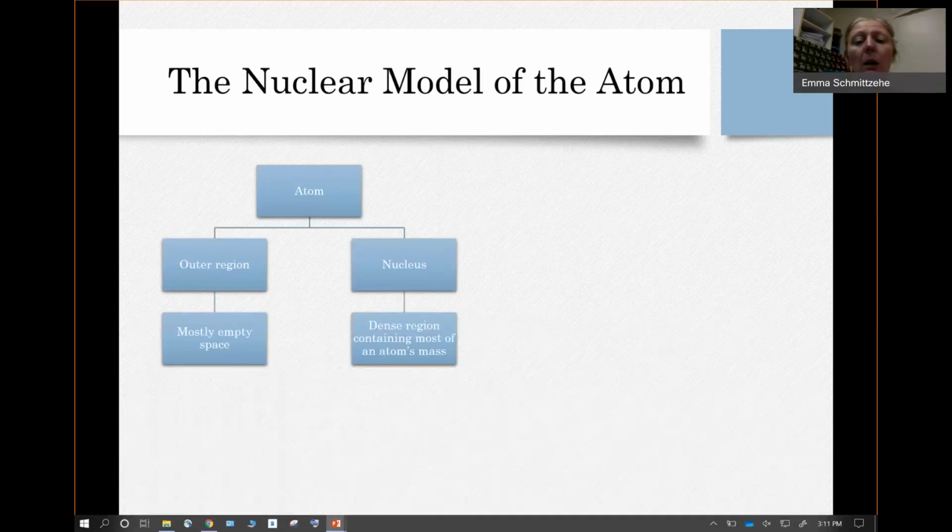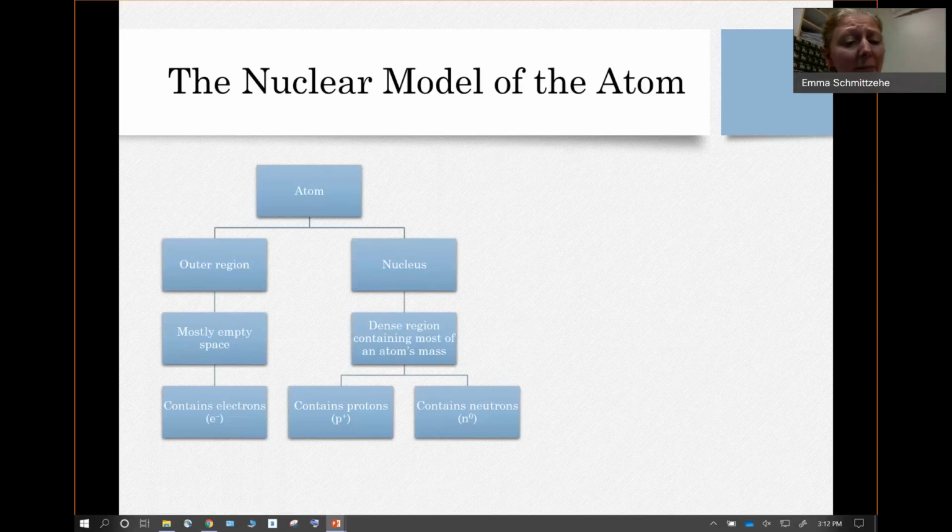But the nucleus, in the center of our atom, is very dense. It contains most of an atom's mass. It's a very compact region. The subatomic particles there are tightly packed, whereas the subatomic particles in the outer region are spaced out greatly.